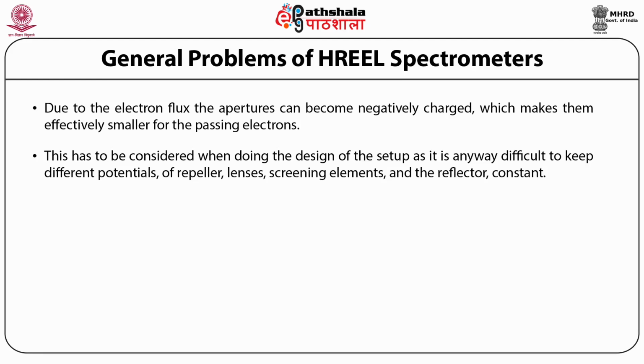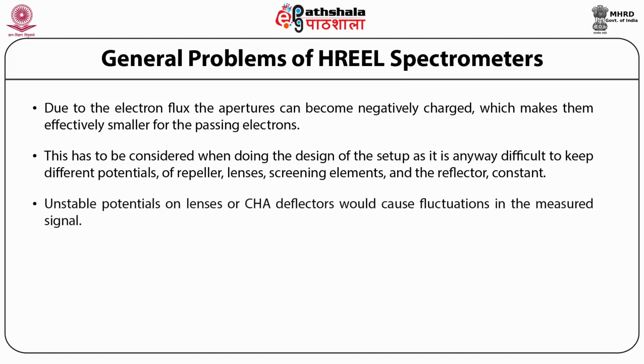These at times can be kept constant, but have to be maintained in a very proper manner. Unstable potentials on lenses or CHA deflectors would cause fluctuations in the measured signal.